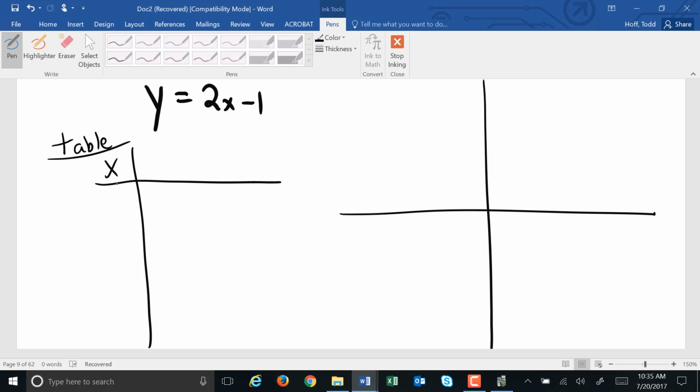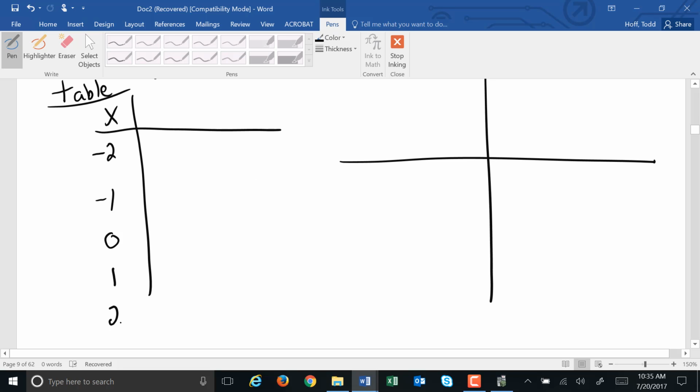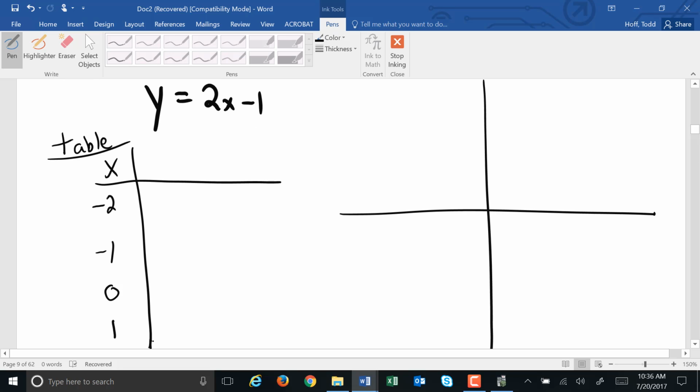We can pick values for x. I'm going to try values across the graph. So I'm going to do like -2, -1, 0, 1, and 2. Once I've picked those values of x, the values for y are determined. They depend on the value of x and the formula or the equation.